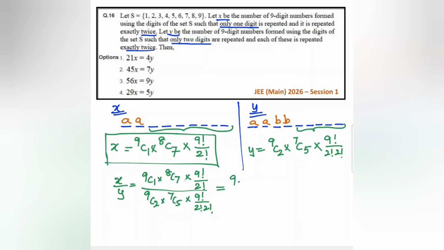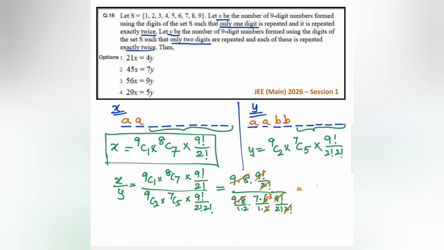9 into 8C7, which is same as 8C1. So 8 into 9 factorial by 2 factorial, by 9C2, which is 9 into 8 by 1 into 2. 7C5 is 7C2, 7 into 6 by 1 into 2. And this is 9 factorial by 2 factorial into 2 factorial. So here we can see that 9 into 8, 9 into 8 cancel, 9 factorial cancels, 2 factorial and 2 factorial also cancel, and this also will cancel.